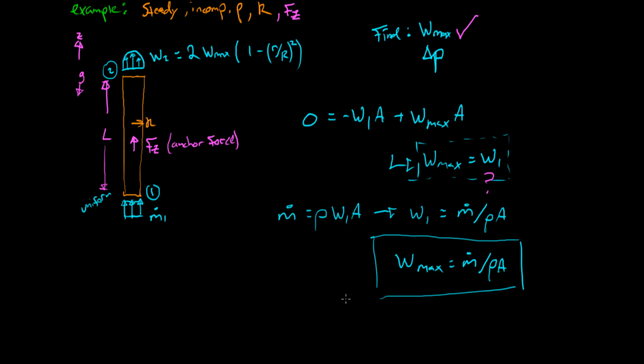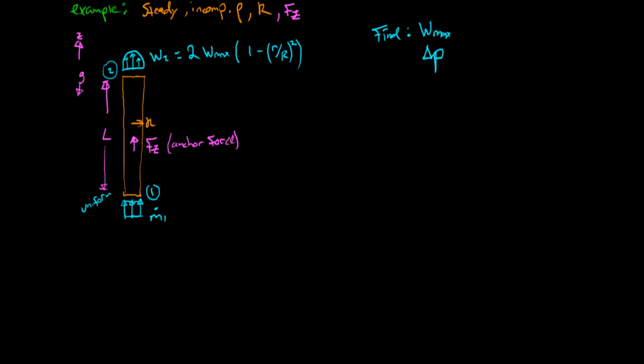Now, if we want to find the delta P, that looks like forces, and so now we're going to conserve momentum. So, anytime I see forces, I'm going to conserve momentum.